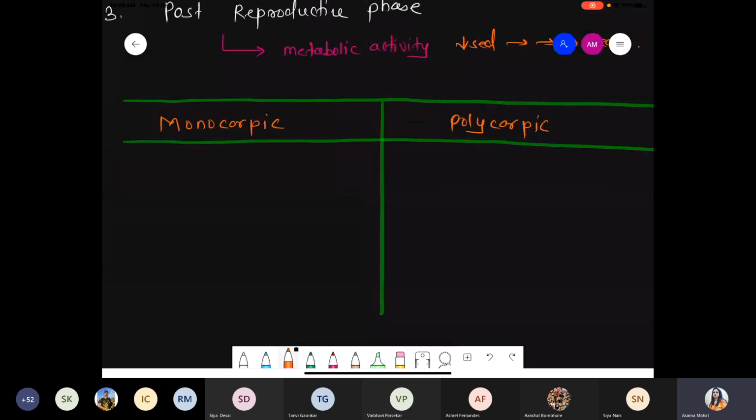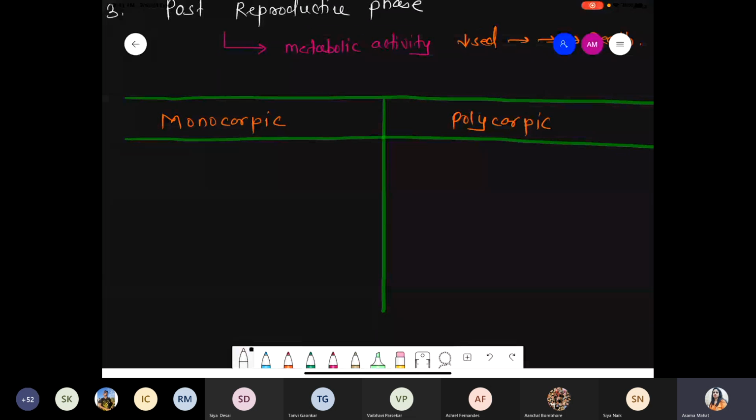Whenever we are talking about monocarpic, it means what? Flowering and fruiting once. Flowering as well as fruiting, पूरे life cycle में only once. That's why it is called monocarpic. But when you compare this point with polycarpic, it means that after regular intervals, again and again flowering and fruiting.